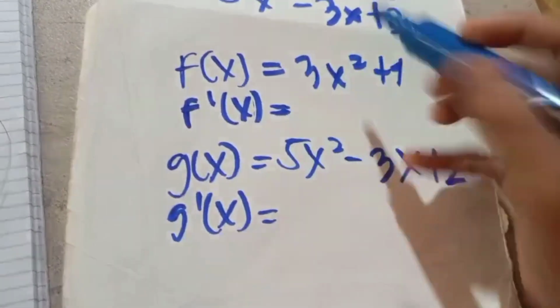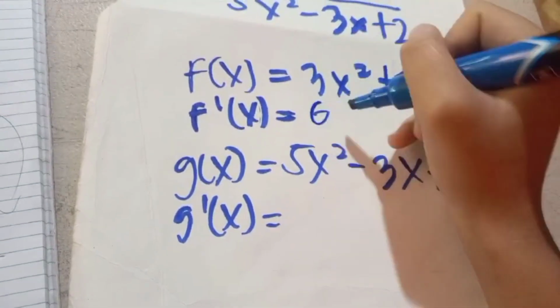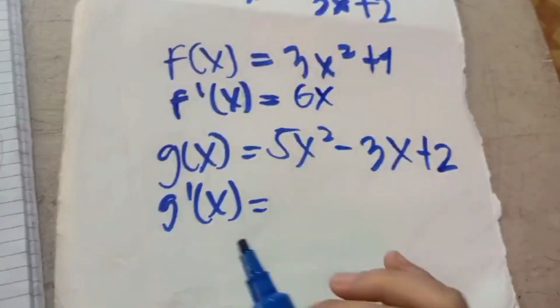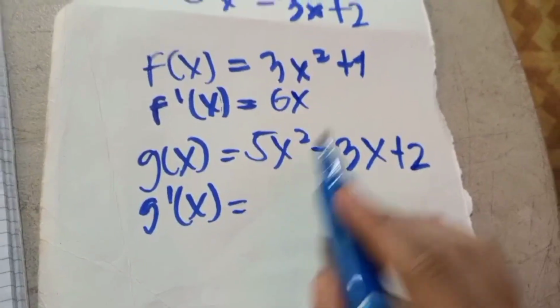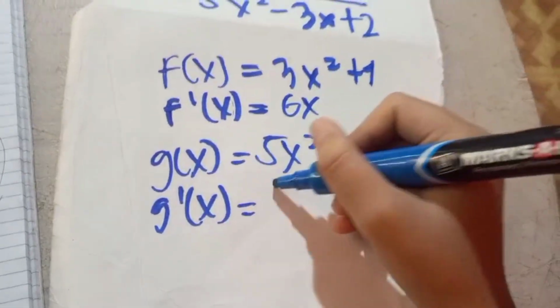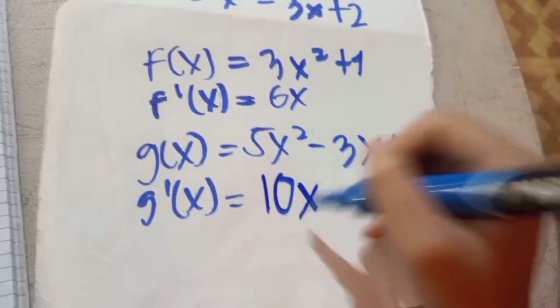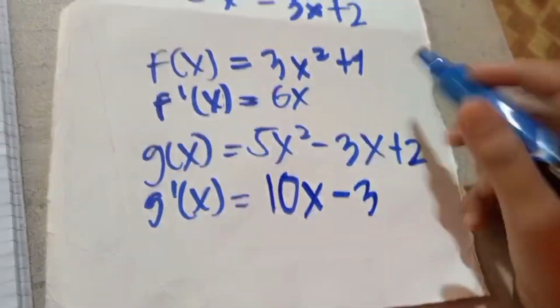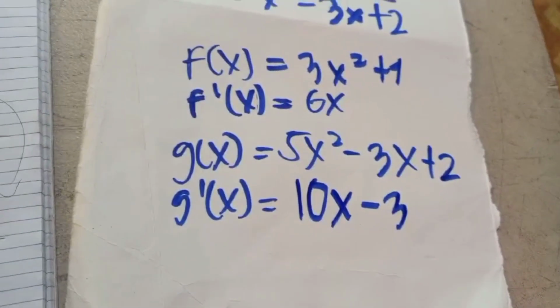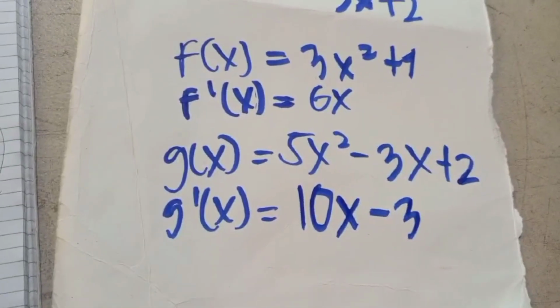So 2 times 3 is equal to 6x, and 2 minus 1 is equal to 1. And then for g(x), we do the same process as for f(x). So 5 times 2 is equal to 10x, minus 3. Since the 4 and 2 are constants, we don't need to put them.